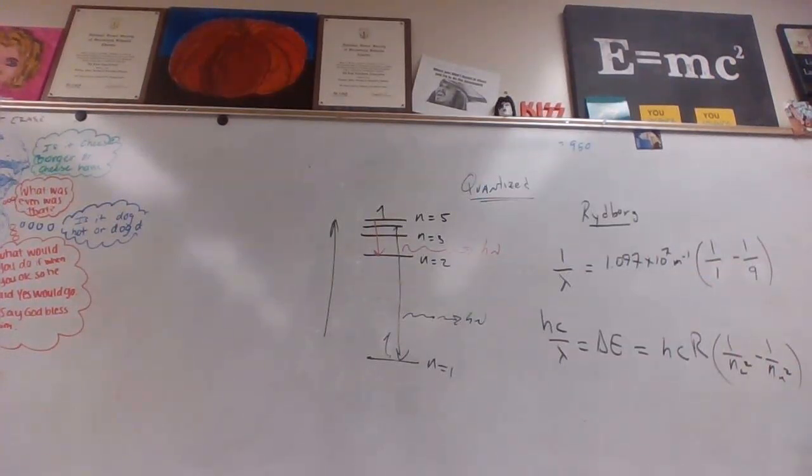So if I'm going to key this in on the calculator, it's 1 over 1, so it's just 1. So 1 minus 1/9. And then I'm going to multiply by 1.097 EE7. And I come out with a number.